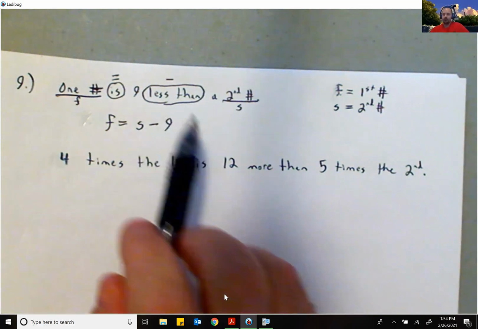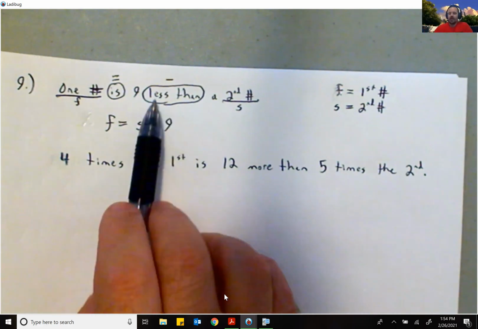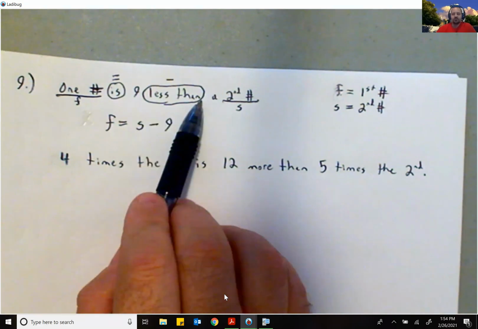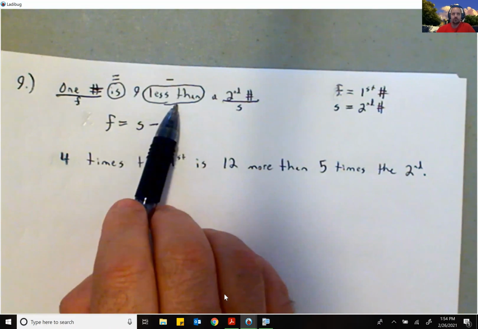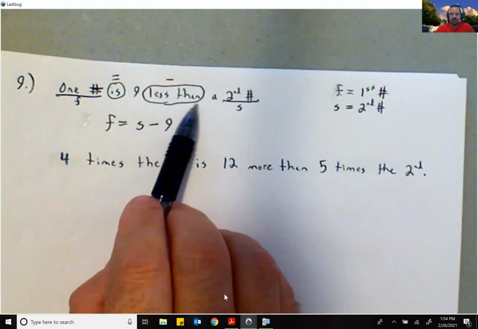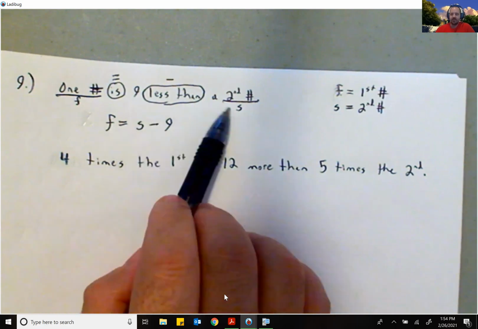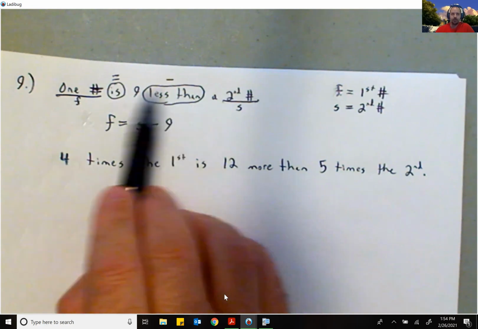But remember in class, and I always warn my students about this, less than. When you see the word less than as an operation of subtraction, remember that it is written backwards. So this is the first number minus this is the second number.